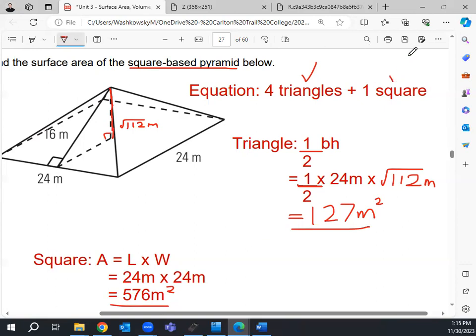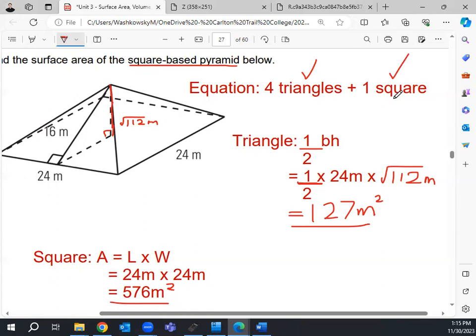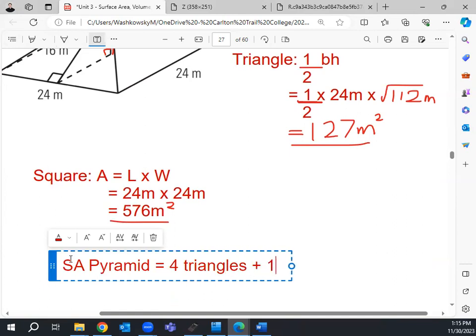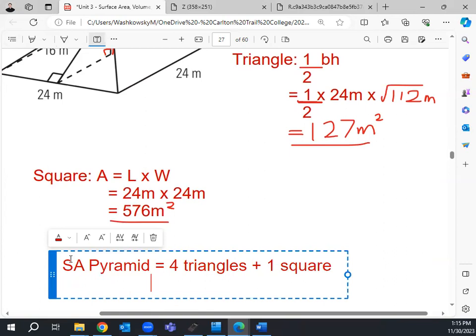Okay. I have all my ingredients to solve the question, right? It's 4 triangles and a square. So I'm just going to write that. The surface area of the pyramid is equal to 4 triangles plus 1 square. You can skip that step if you want. Honestly, you're just restating what you have up above. So it's just going to be 4 times, what's the length of one of these triangles?